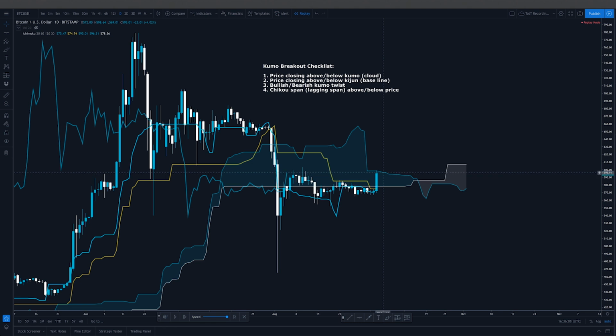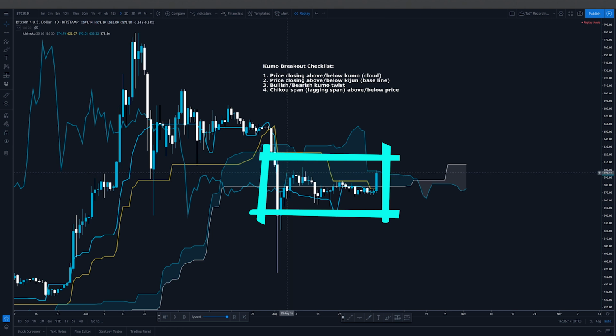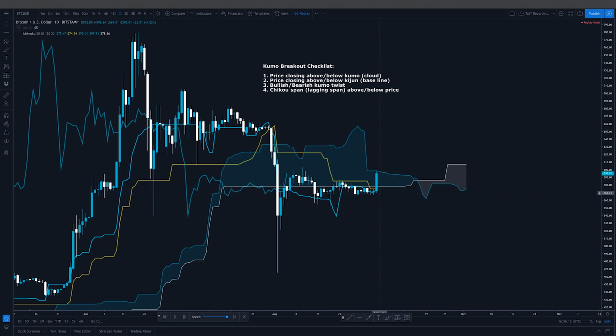Well, we can assume price is still range bound, right? So if Chikou span is inside of price like it was right here, we consider the asset range bound. And if we're range bound, remember, we do not want to use Ichimoku. Ichimoku is a trend following system. So let's take a peek at what we're having here.